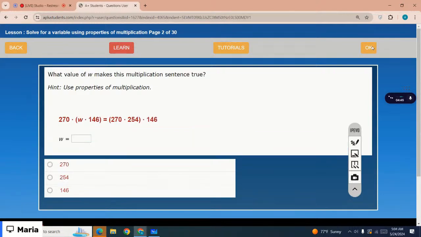Okay, the next one is: what value of W makes the multiplication sentence true? So which is the correct option?